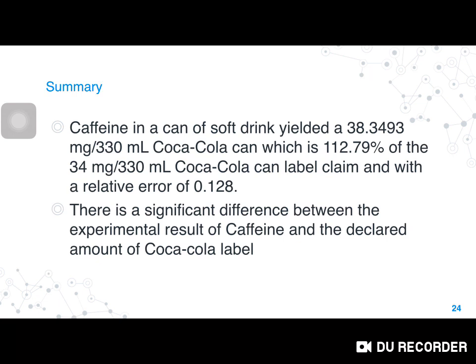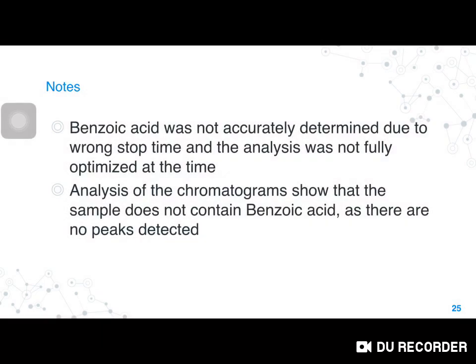Caffeine in a can of soft drink yielded 38.3493 mg per 330 ml Coca-Cola can, which is 112.79% of the 34 mg per 330 ml Coca-Cola can label claim, with a relative error of 0.128. There is a significant difference between the experimental result for caffeine and the declared amount on the Coca-Cola label.